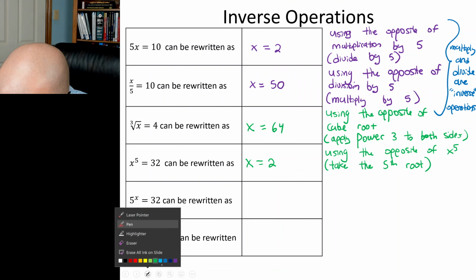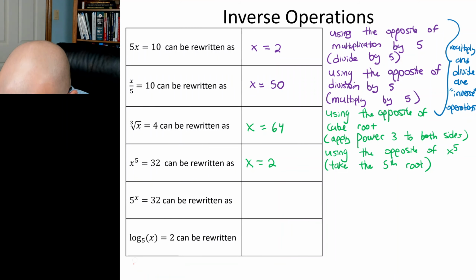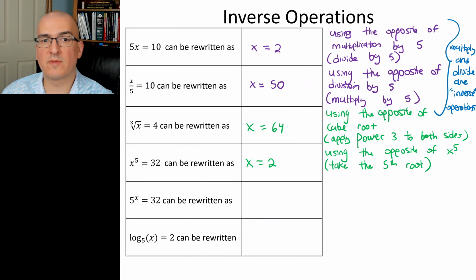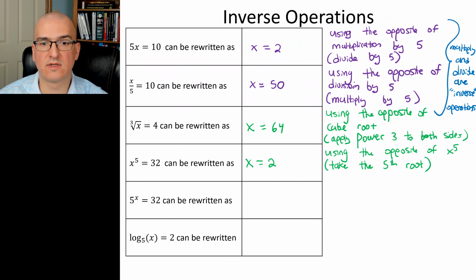Now the last set would be the new set. This is the new thing. 5 to the x is equal to 32. I want to get x all by itself, so I have to do the opposite of raising 5 to the power of x. This is not taking a root. Taking a root isolates for the base, but I don't want to isolate for the base. I want to isolate for the power.